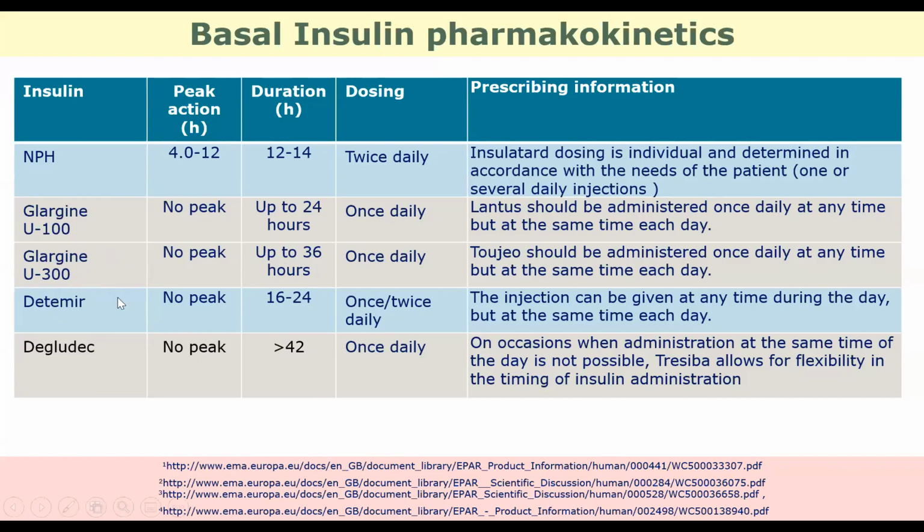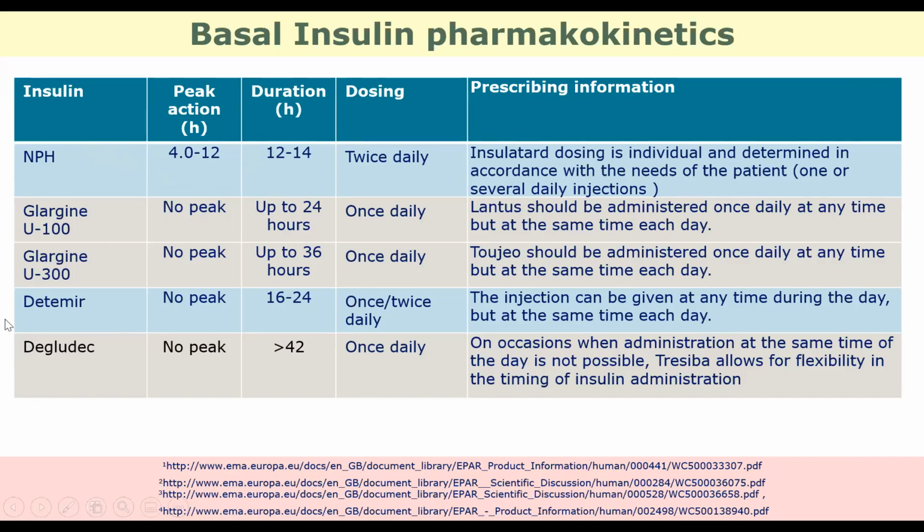Looking into detemir, as I've told you, its duration of action is slightly shorter compared to glargine, and therefore it sometimes requires a twice daily dose, which is not very comfortable as far as my understanding goes. So I always stick to either NPH or glargine, because these are the two very important insulins. This one is cheap, and this one is the costlier variety.